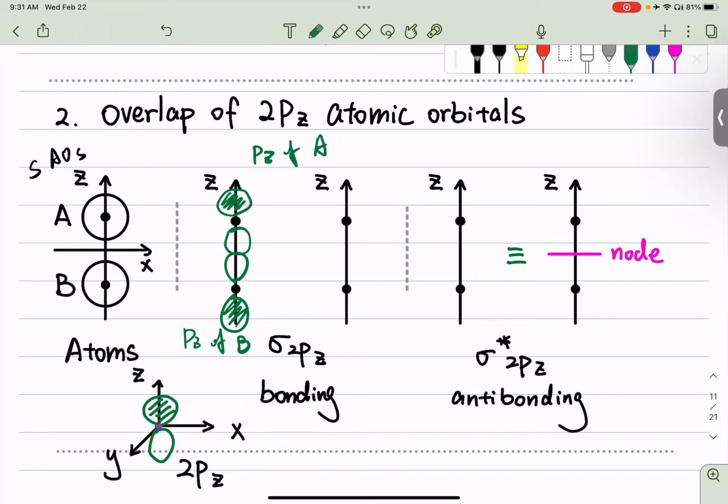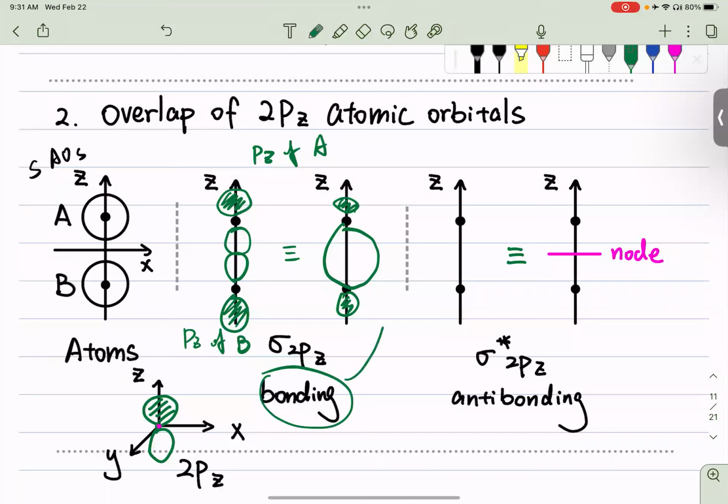So in this case, the result of that overlap is effectively the same as drawing it like this. Right, we have bonding MOs, or we have the constructive interference or the high electron density region in between the two atoms.